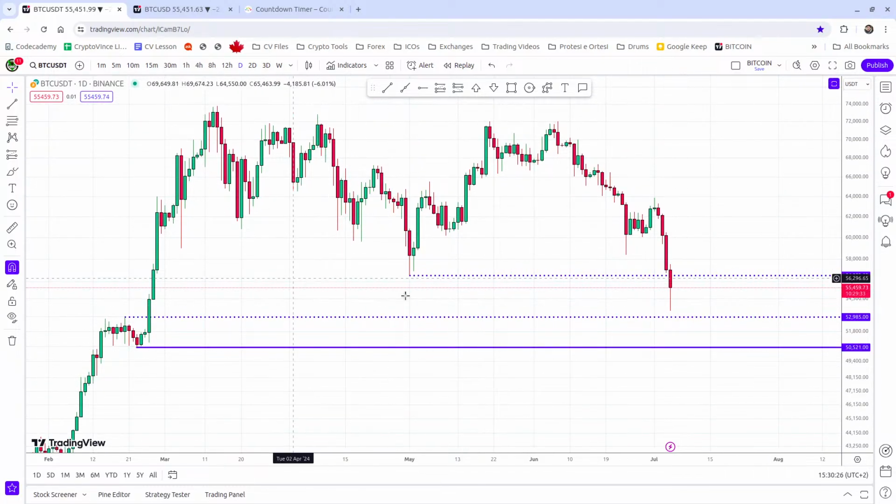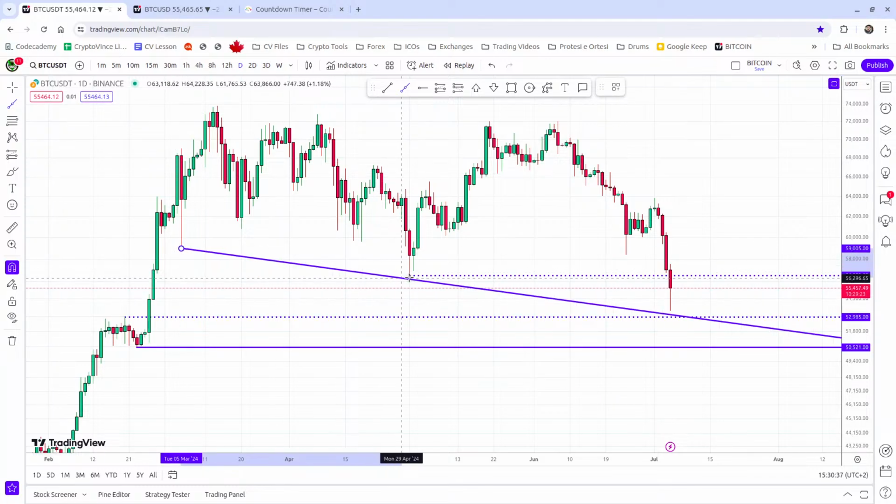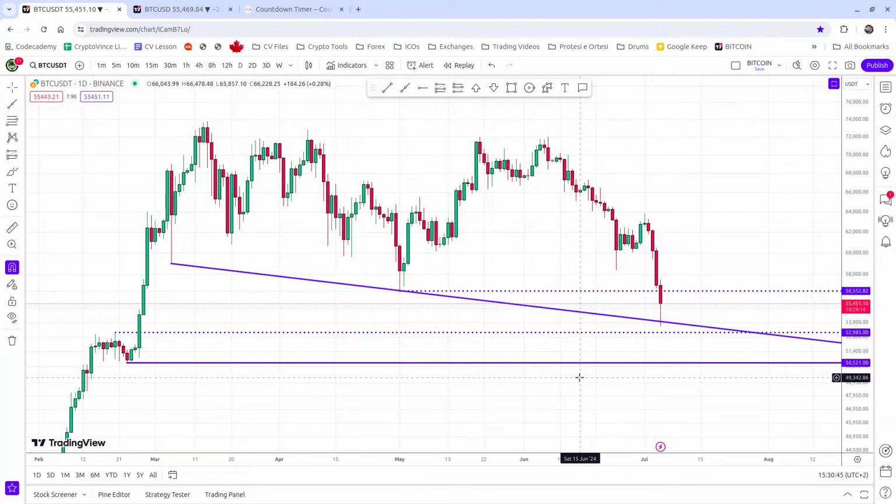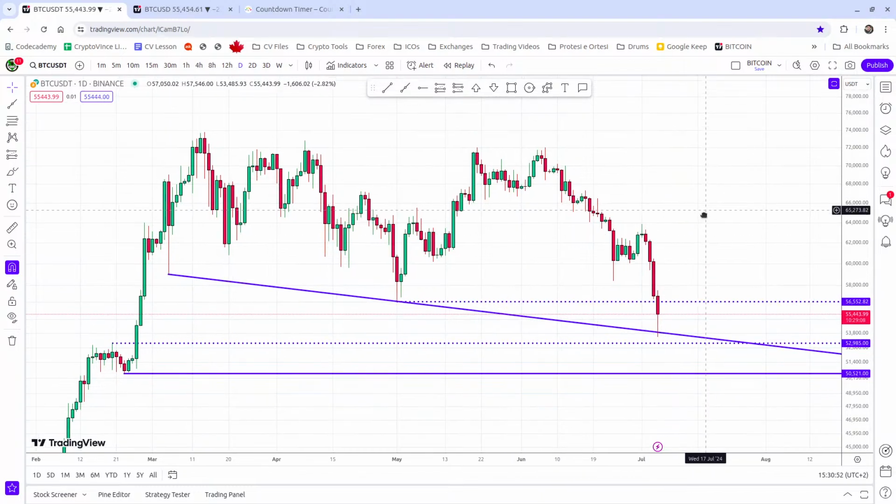If I connect the first two swing lows, the lowest ones, by tracing a ray from here to here, that's where the price stopped. That's why price stopped there. And this could be a good level. A bounce could happen from this trend line.